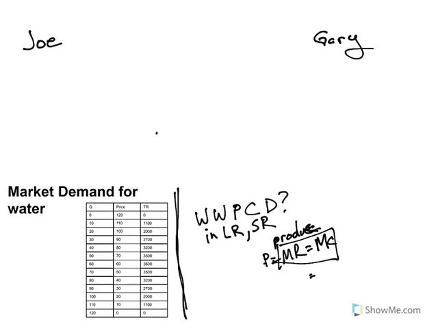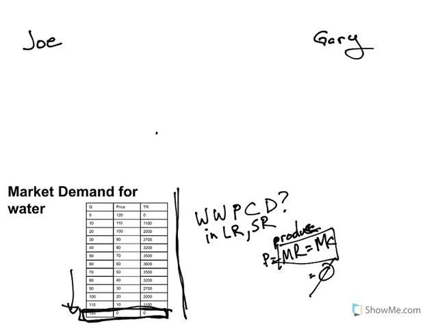Well, what's our marginal cost in this market? If this good was costless to produce, the marginal cost is zero. So in a perfectly competitive industry, where it wasn't just Joe and Gary but also all sorts of other people crowded around this lake selling water, eventually the price would be driven down to zero, because you just have a bunch of people standing around pumping water out of the lake.